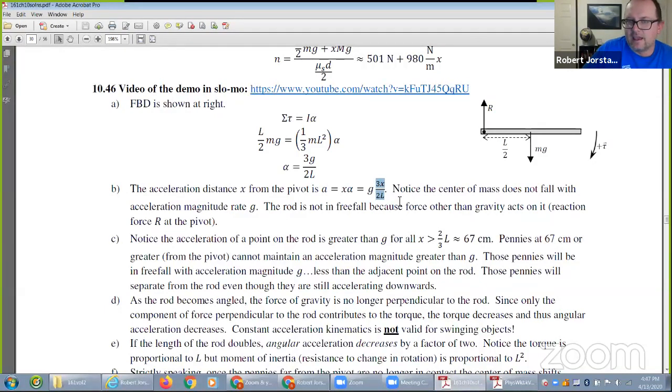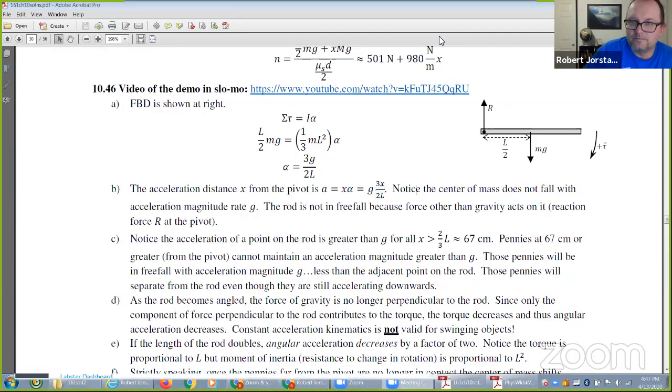Notice anytime x gets bigger than 2/3 L, the acceleration of the rod is going to be greater than g. Again, this line right here: the acceleration of a point on the rod is greater than g anytime x in this equation is bigger than 2/3.